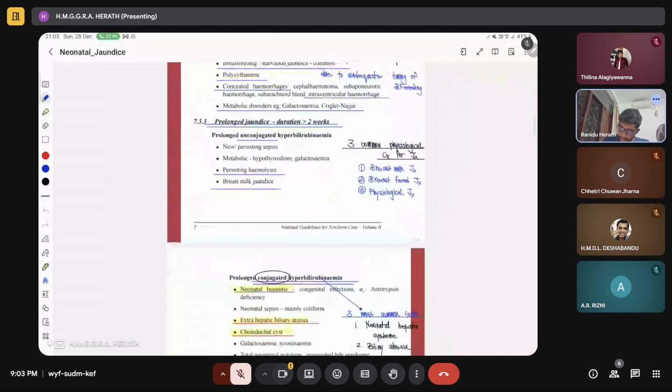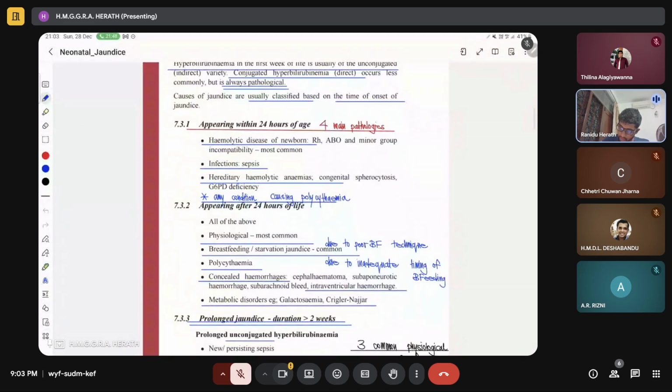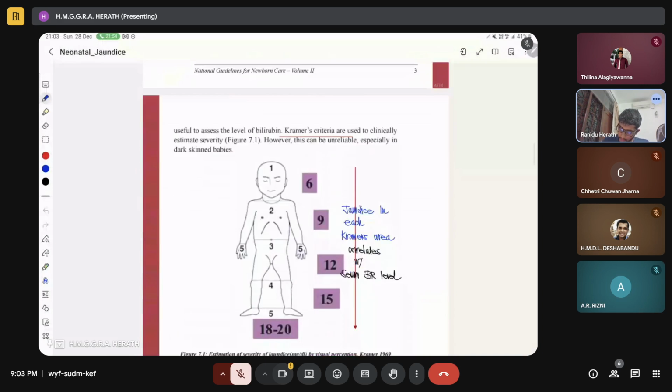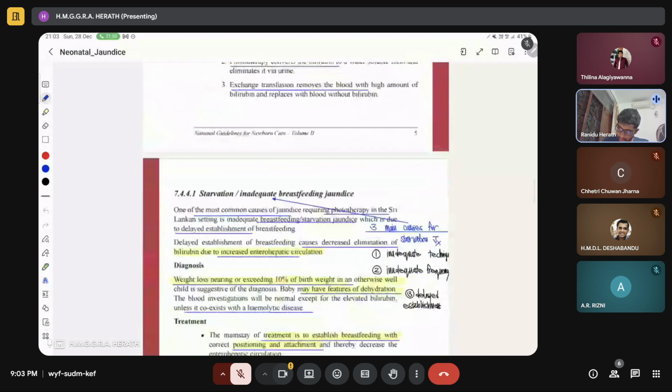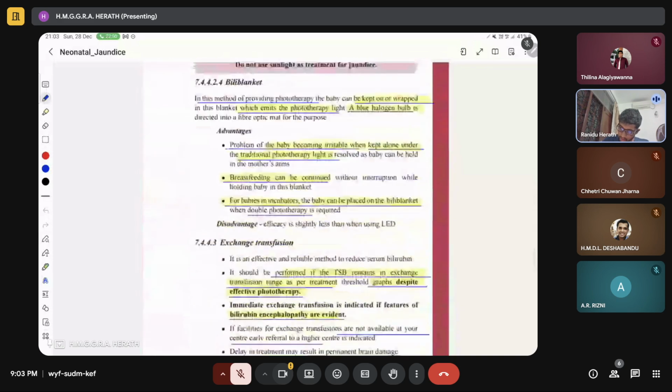Can you see? So these are the conditions which usually lead to hyperbilirubinemia in the child, and we'll see that there was a way that it was differentiated into conjugated and unconjugated.